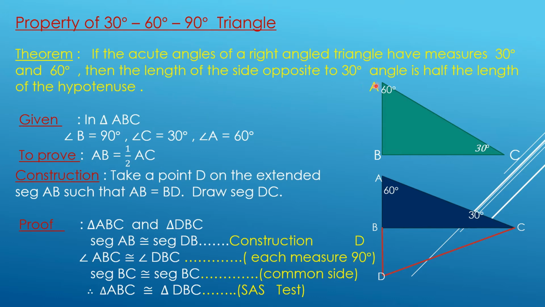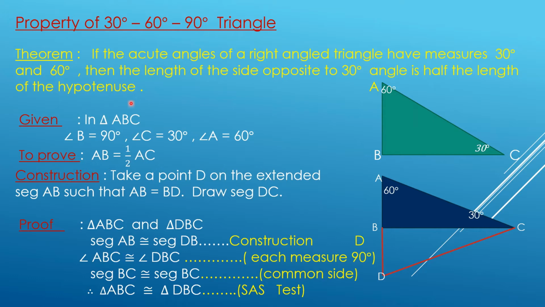There is right angle triangle ABC, where angle B is 90 degrees, and angle A and angle C are 60 and 30 degrees. We have to prove that the side opposite to the 30-degree angle is half the length of the hypotenuse. That means the side opposite to the 30-degree angle is AB, that is AB is equal to half into AC.